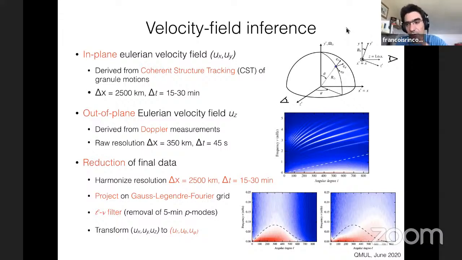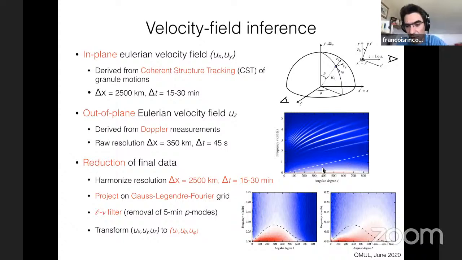So what you do is you take these images, you take the harmonic transform of them in spherical harmonics and the Fourier transform in time. And what you see is what is called a hodochrone or time frequency diagram, if you wish. You can see all these ridges which correspond to the different P modes of the sun with different number of nodes.